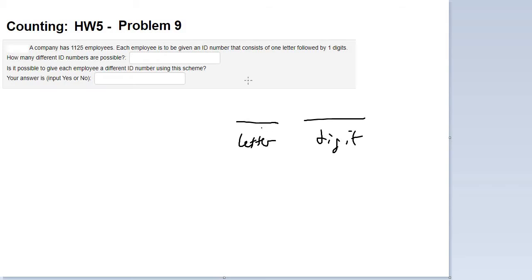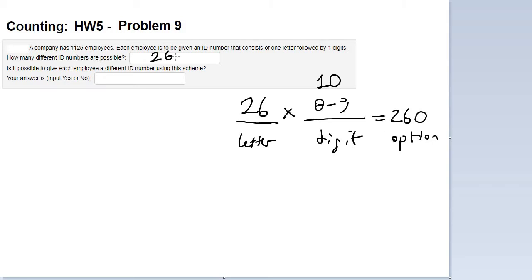For letters, I think we are thinking of the English alphabet, 26 letters. And we have 0 to 9, so 10 options for digits. The digits are from 0 to 9 all over the world, and the English alphabet has 26 letters. So 26 times 10 is 260 options.